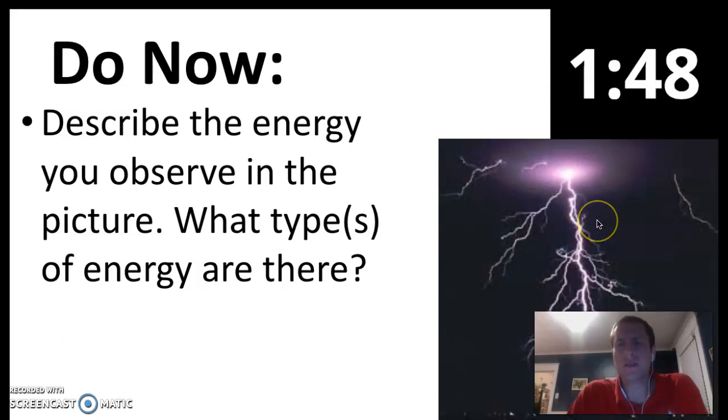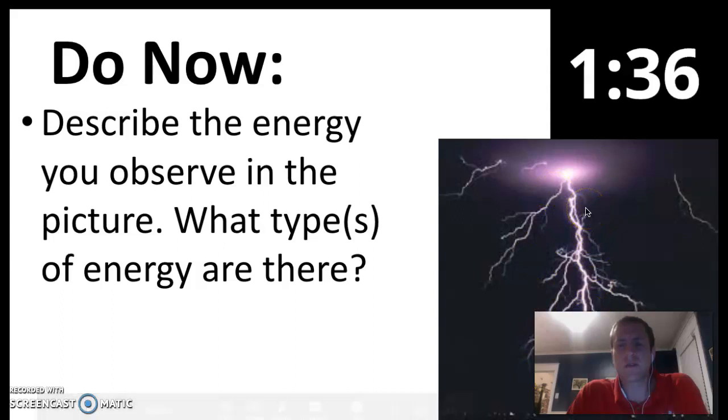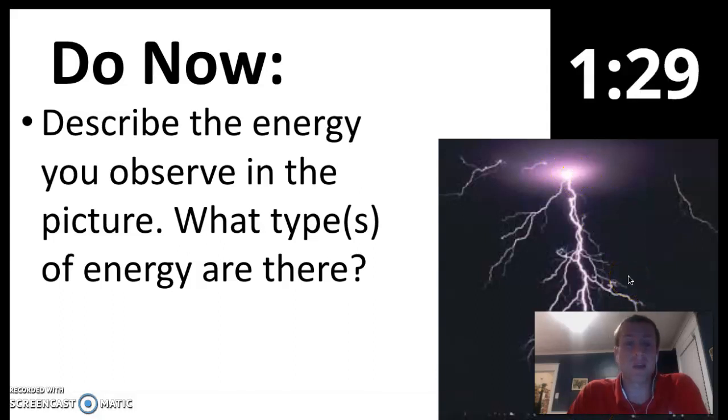And there's a bunch of other stuff too, like sound that comes from that. It doesn't directly produce it, but it goes along with it. So there's lots of energy. The potential energy is the stored up electrical potential between up and down, basically between the earth and the atmosphere, from things rubbing together through friction. It's kind of a funky one, but we're going to cover the main 8 today.